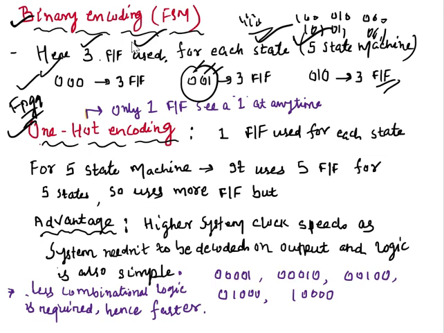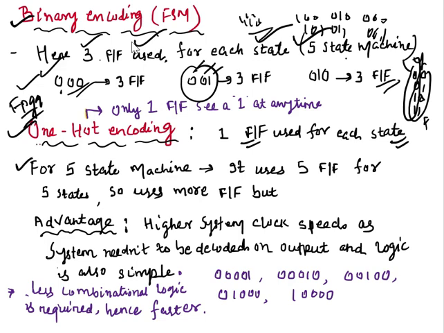What is one hot encoding? In binary encoding, for a 5 state machine we use 3 flip-flops. Let's say for a 4 state machine, 2 flip-flops: 0 0, 0 1, 1 0, 1 1. But in one hot encoding, one flip-flop is used for each state.